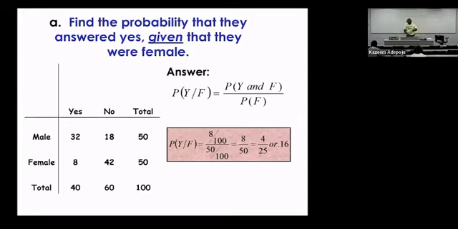Now you check what the cardinality here represents, the number. You understand what I mean? So when you take a look at the table, the yes and female is actually 8. Do you see that? 8 divided by the cardinality of the sample space. Of course, that is the total, the number of participants in the interview. So that's going to be 8 over 100.